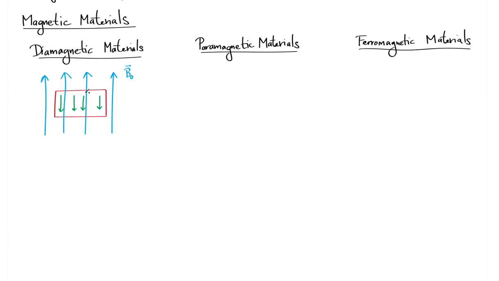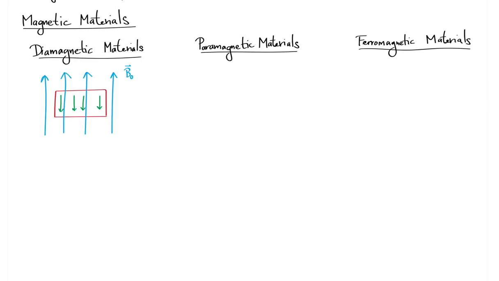If you remember, in dielectric materials, when I applied an electric field, let's say upwards, there was an accumulation of positive charge on the top surface and negative charge on the bottom surface, which meant that there would be an electric field generated by those surface charges that would oppose the applied electric field. So the net field inside this little slab of material is going to be weaker than the applied field outside.